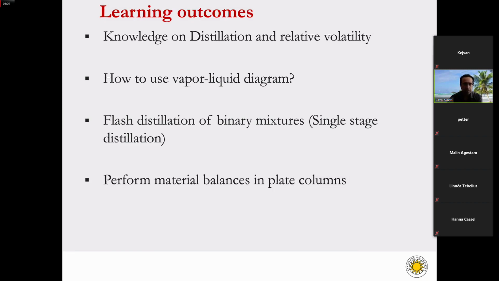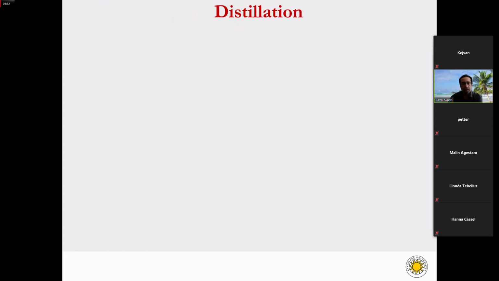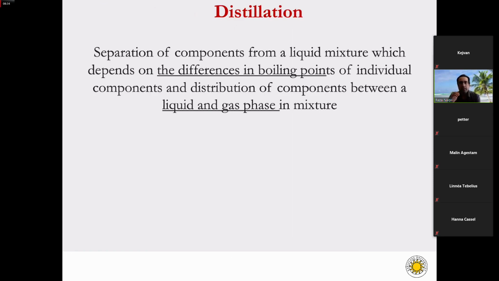We can perform material balances in plate columns, and the most important part in distillation is how we can estimate or calculate the number of ideal stages or ideal plates. There is a very famous, popular method to estimate the number of ideal plates, which is called the McCabe-Thiele method. I will show you step by step how you can calculate the number of ideal stages. So let's start with distillation.